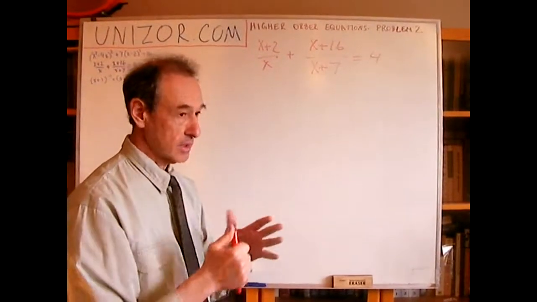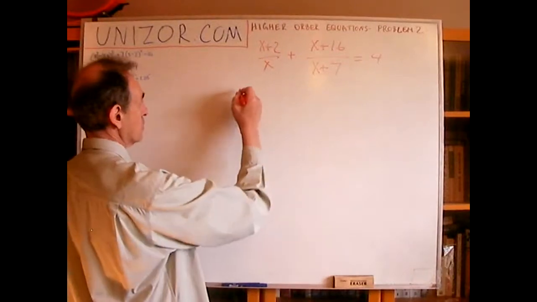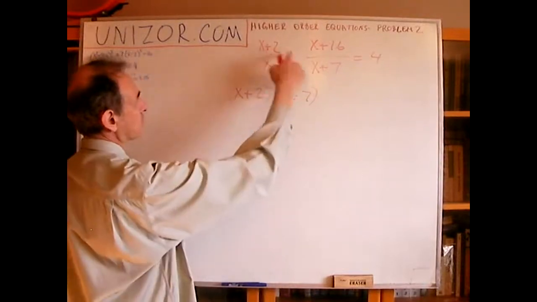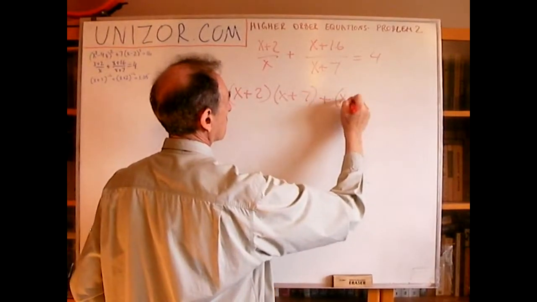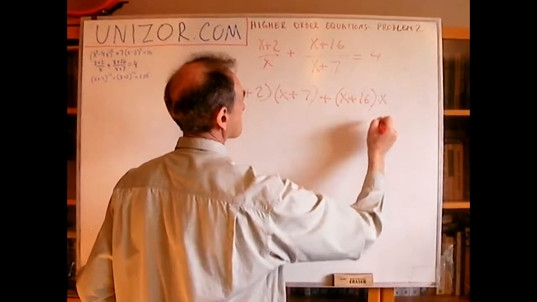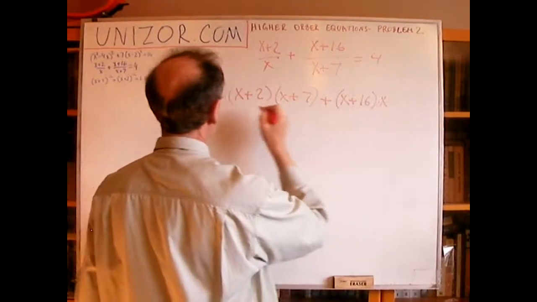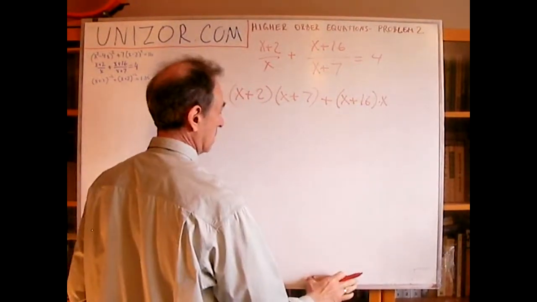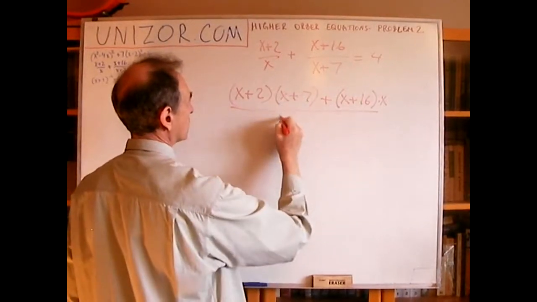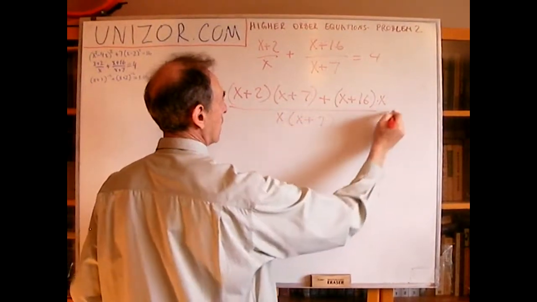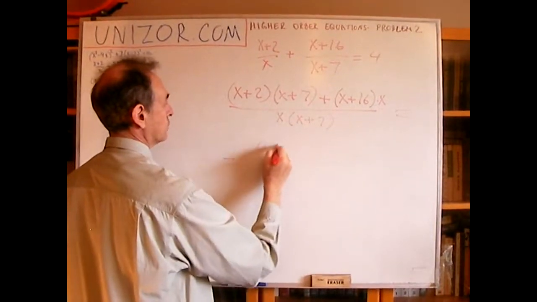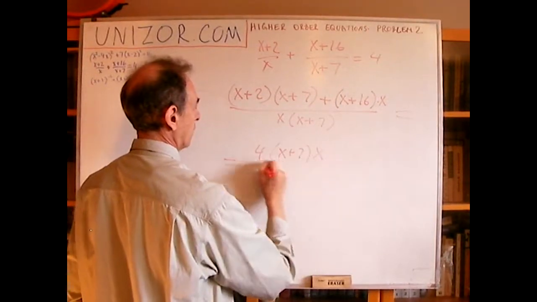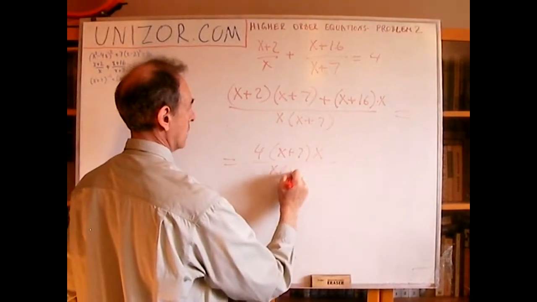If I really just do whatever I just said, which is just use the common denominator, this would be from this plus this plus this equals, and divided by common denominator, equals 4 times x plus 7 times x divided by x plus 7.